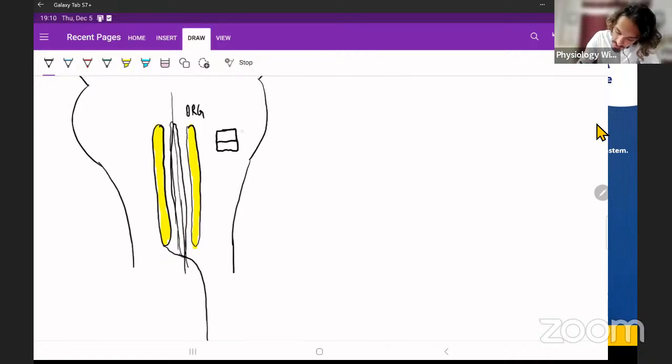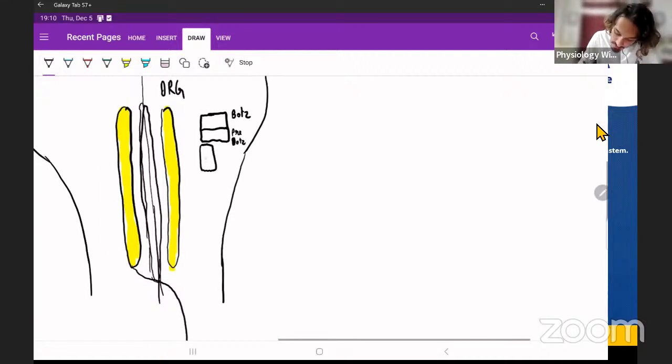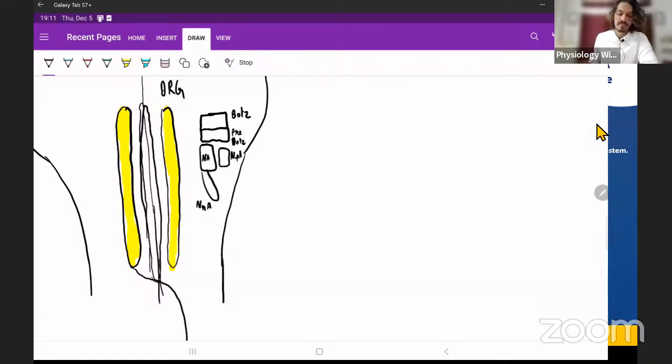On top, there is the Bötzinger complex, and we have the pre-Bötzinger complex. Beneath that, we have the nucleus ambiguus. Next to the nucleus ambiguus will be the nucleus para-ambiguus, and below that, you will have a nucleus retro-ambiguus.